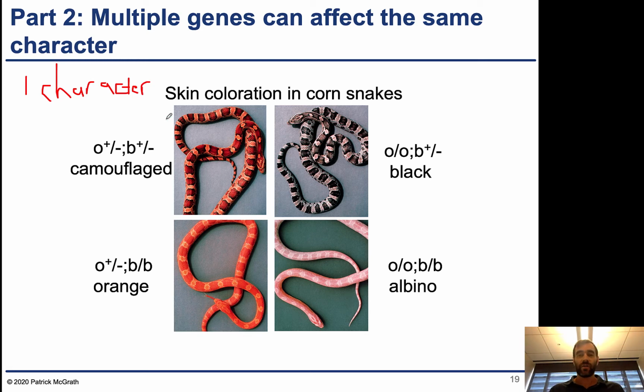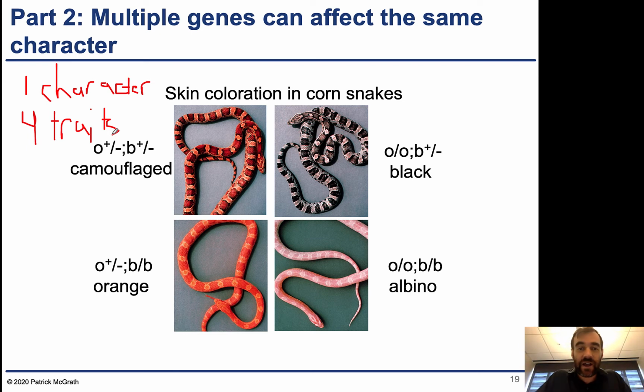But the color of the snake represents one character. In this case, we have 4 different traits, so there's 4 different versions that this color can take. And so this is unusual compared to the previous chapter.